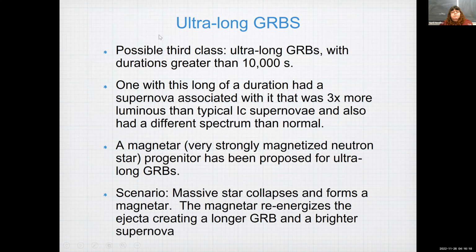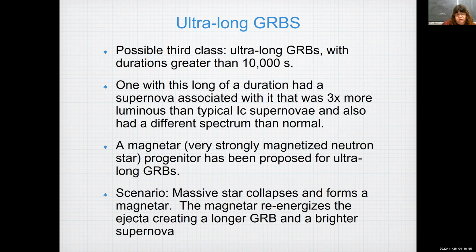Okay, so there was a possible long class of gamma ray bursts with durations larger than 10,000 seconds. One that had a duration that long had a supernova that was 3 times more luminous than a typical supernova, and the spectrum was also different. One of the proposed possible progenitors was called a magnetar, a very strongly magnetized neutron star.